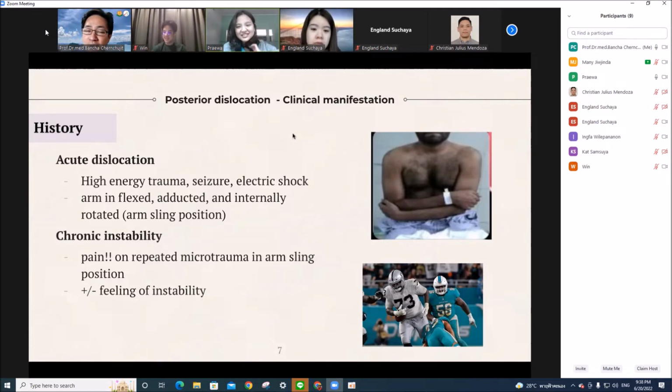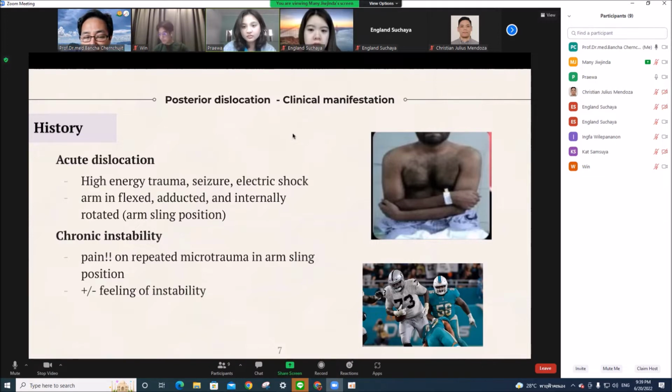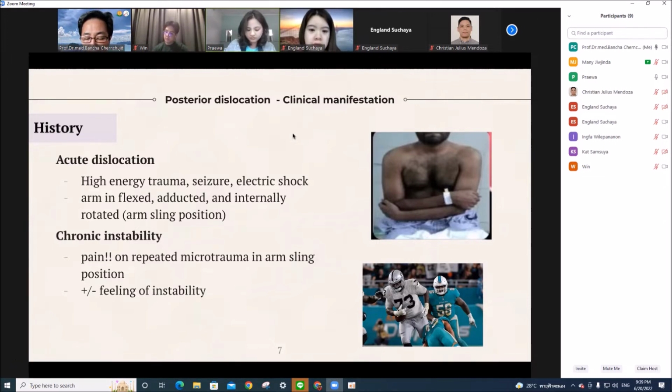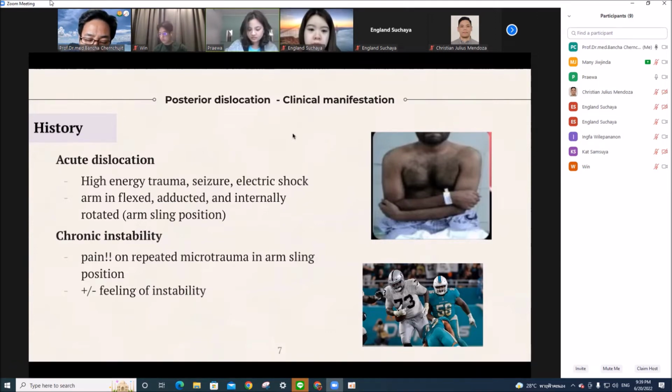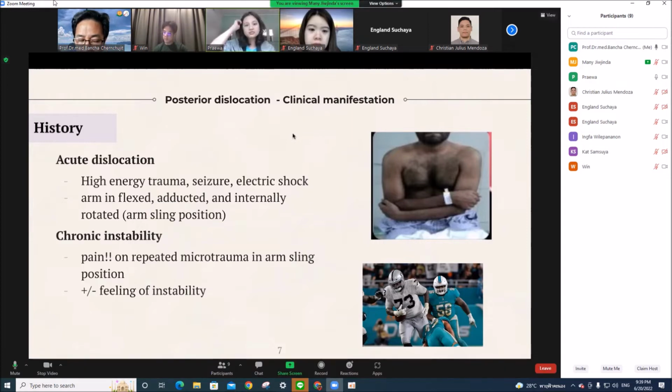The posterior part of the shoulder will have fullness, and in the anterior part you can see some dimple. But sometimes if the patient is fat, you cannot see it obviously. You can see it obviously in skinny patients. This is one of the common misdiagnoses.